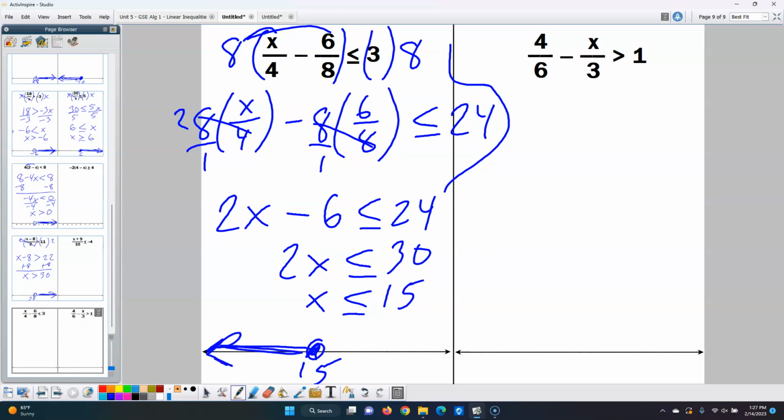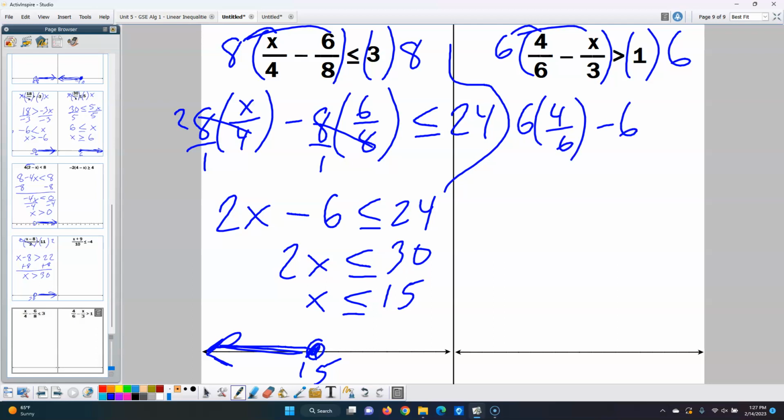Next one, going to multiply by the smallest number that both 6 and 3 will go into. That would be 6. Multiply both sides of your inequality by 6. So distribute 6 times 4 over 6 minus 6 times x over 3 is greater than 6. These 6's cancel out.